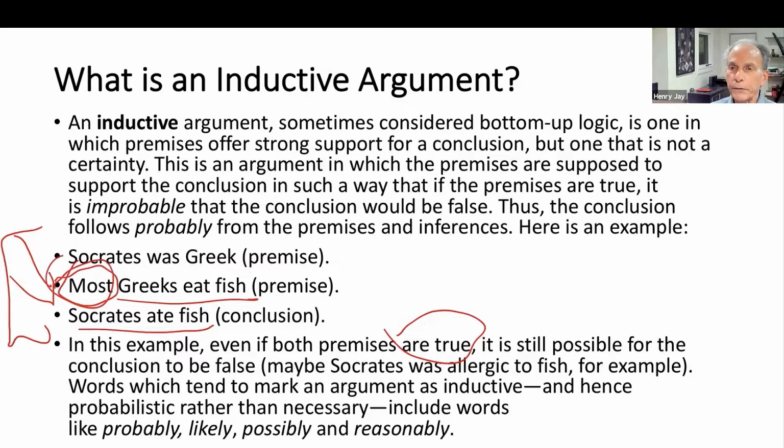Even though it's a true premise, it's not true to the extent that you could say with certainty Socrates ate fish. You could say probably, likely, but you can't say certainty, because this is not saying all Greeks eat fish. So if you intend this to be a deductive argument, it's not a valid deductive argument. But if you intend this to be inductive, then it's a strong inductive argument.